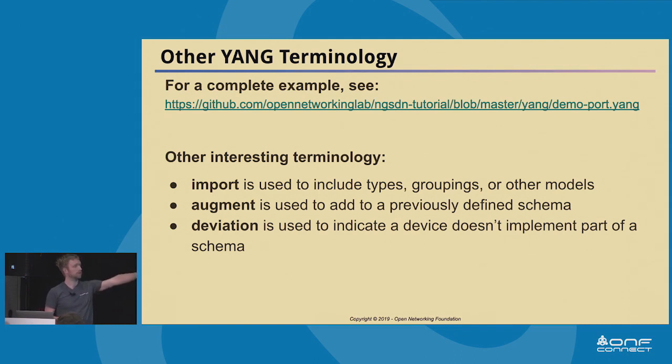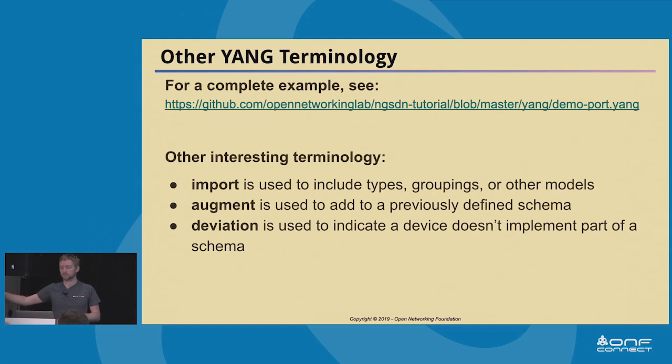There are a few other things I wanted to point out about YANG. We are looking at a single module in this particular example. But one of the powerful things about YANG is that you can import modules into other modules. We can take a port module and include it in an overall device schema. For that, we use the import statement.